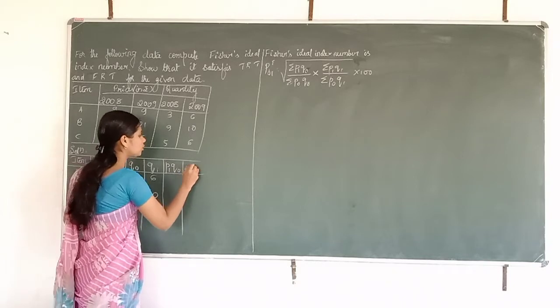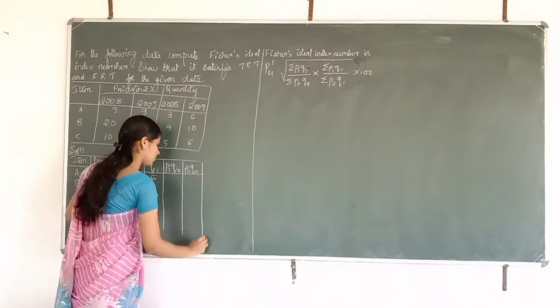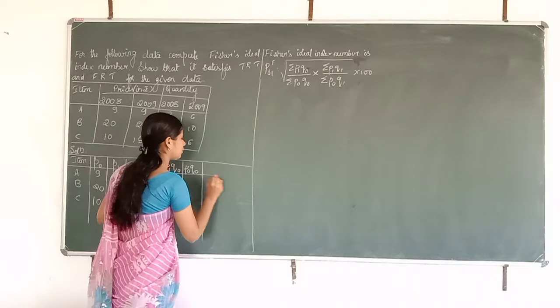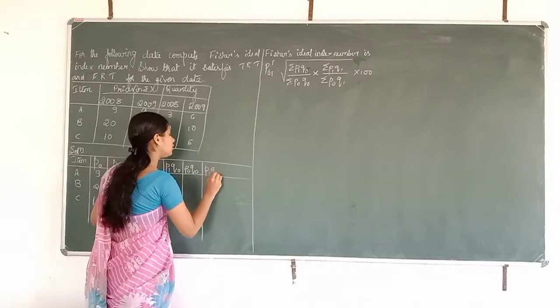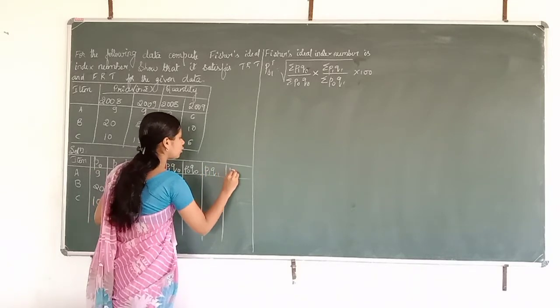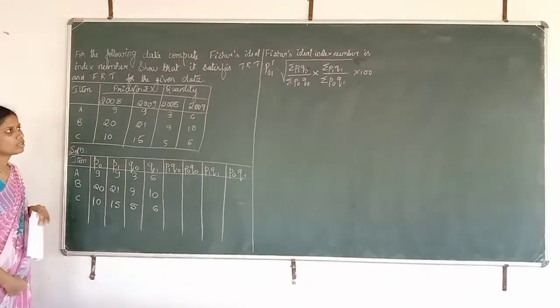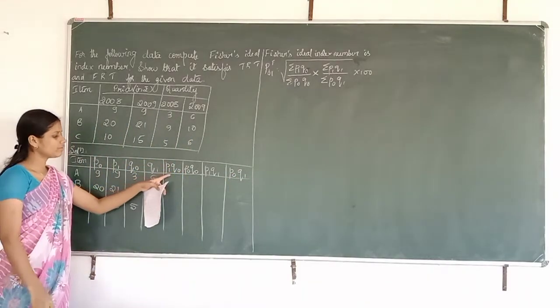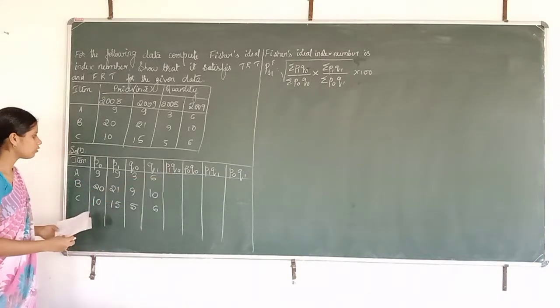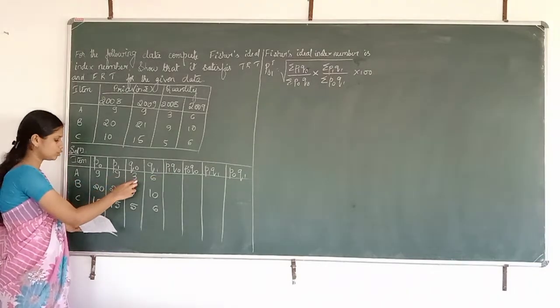P0 Q0, then P1 Q1 and P0 Q1. So these values we have to find out first. So first P1 Q0, that means we are going to multiply P1 column with Q0 column.